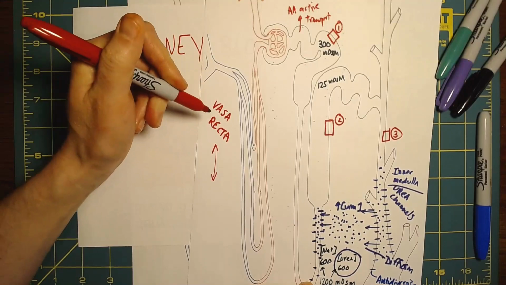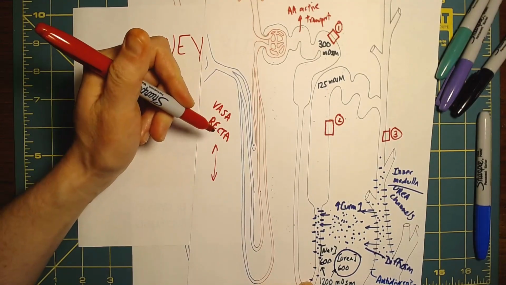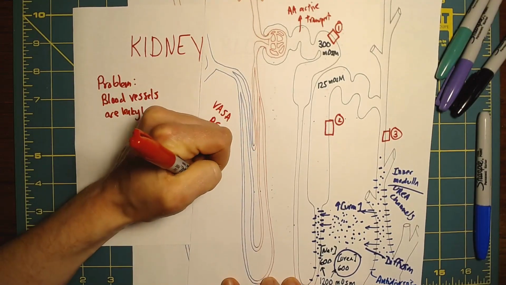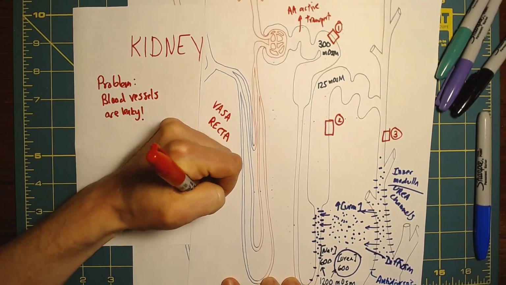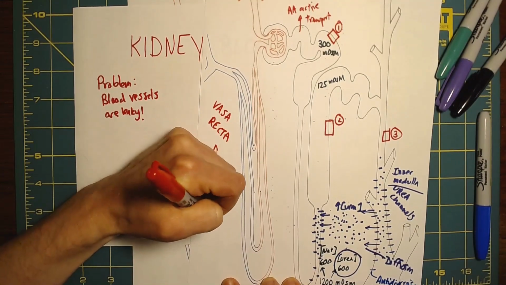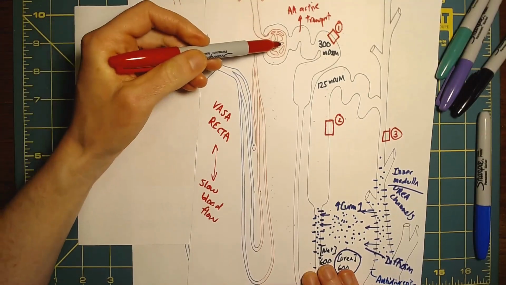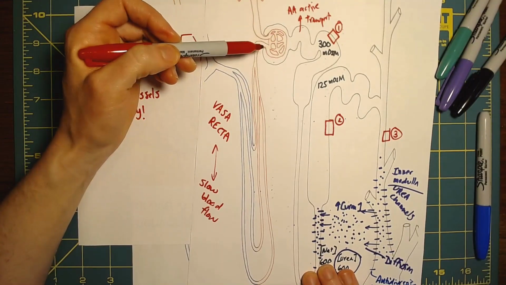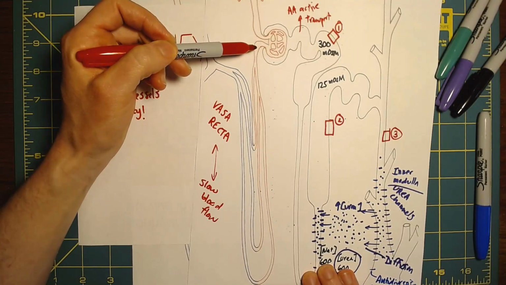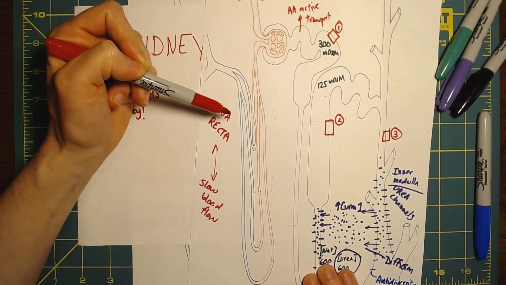Okay, and the benefit here is that so long as blood flow is relatively slow, and it is relatively slow, in part because, as you see here, we've already traveled through a capillary bed in the glomerulus, so blood flow is going to be really slow through here.